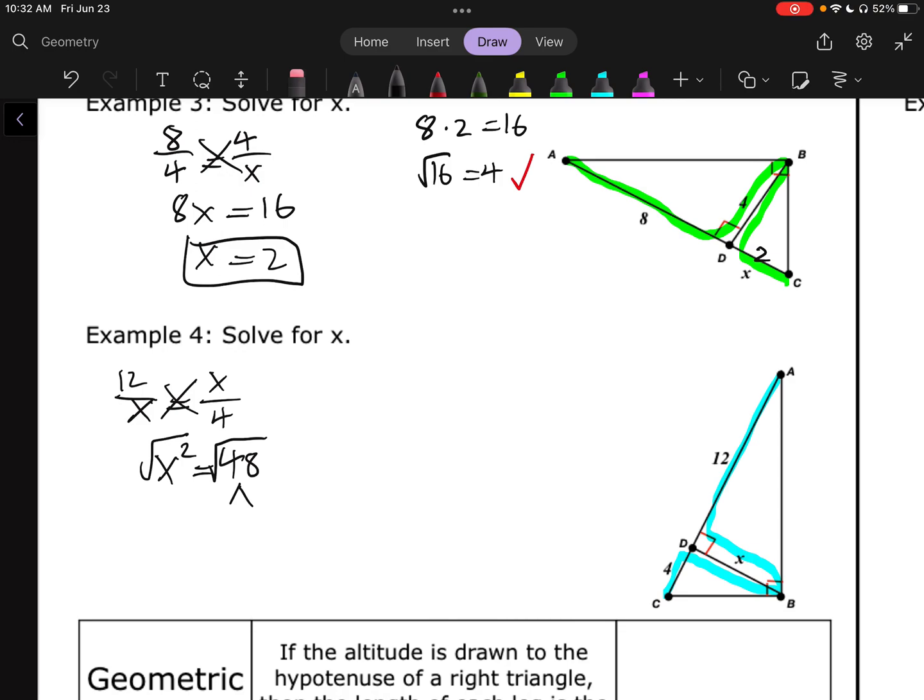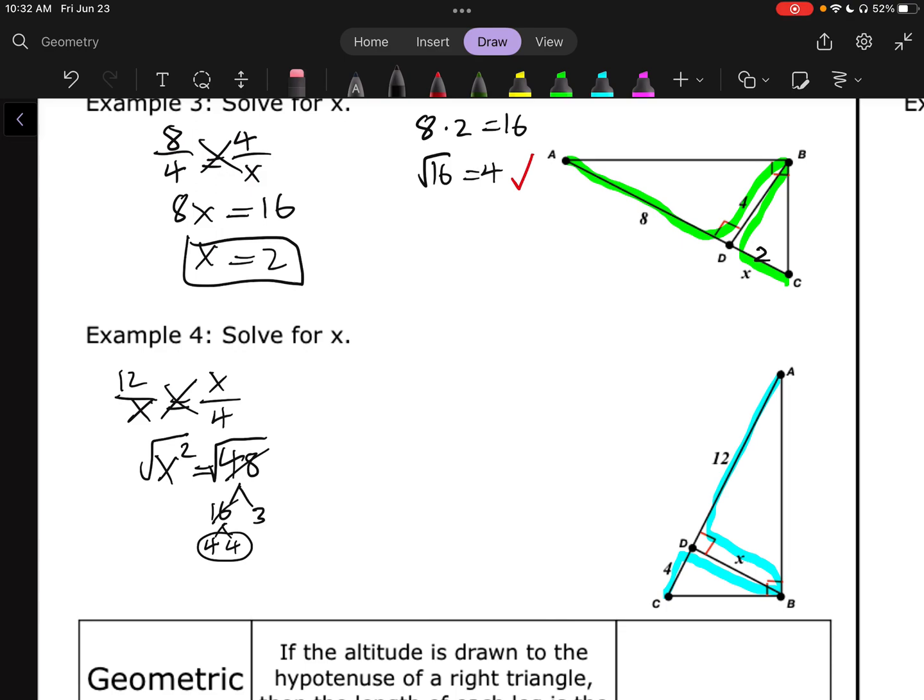When I do that, I like to break it down into different factors. And I try to find some factors that are perfect squares, because I know I'm trying to take the square root. Perfect squares are good for square roots. So one thing I could do is I could do 16 times 3, because 16 is a perfect square, right? I get a pair of 4s there.